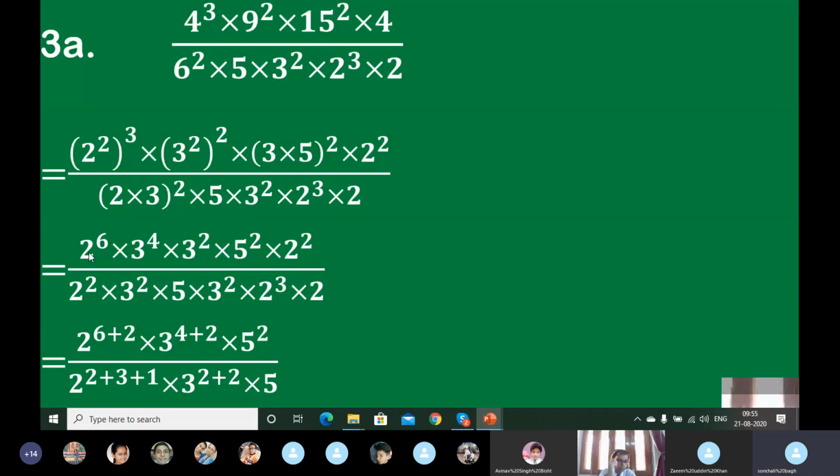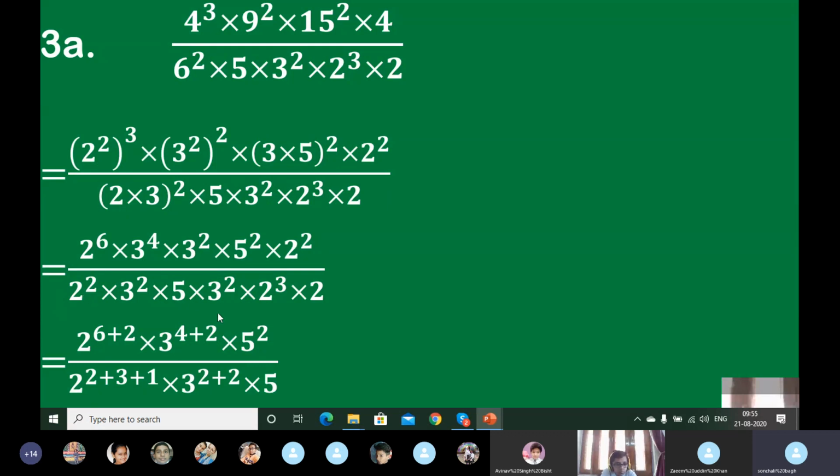So now what will we do? We will assemble the same power base and add up their powers. In the numerator case, when we assemble 2, we get 6 plus 2 together, multiplied by assemble 3, because there were 3, 4 plus 2, and 5. Only one term was there, so 2.